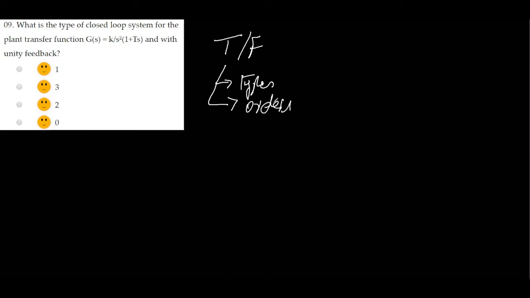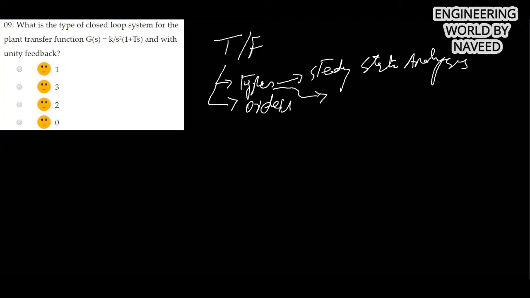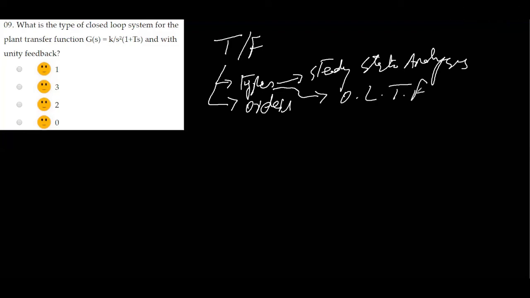The steady state analysis depends on the type of the control system, and the type is obtained from the open loop transfer function. The number of open loop poles occurring at the origin determines the type of the control system.